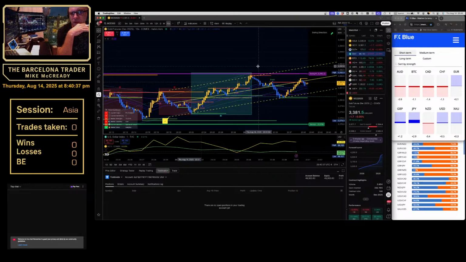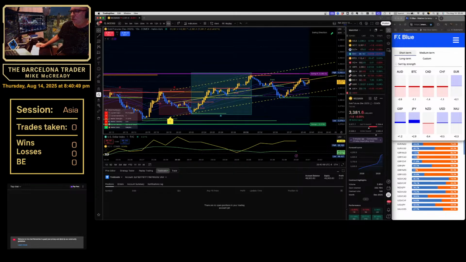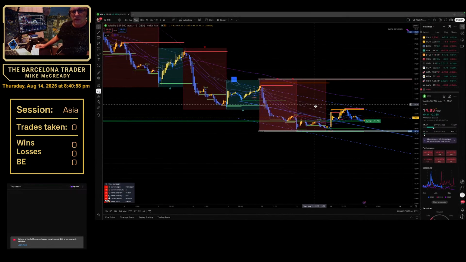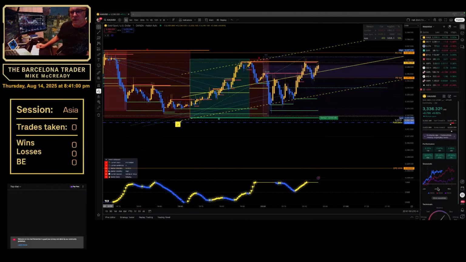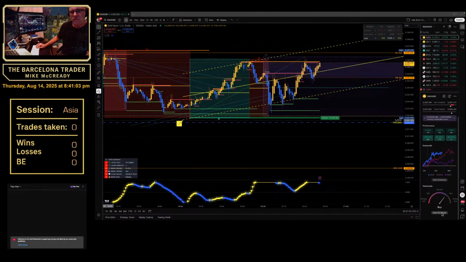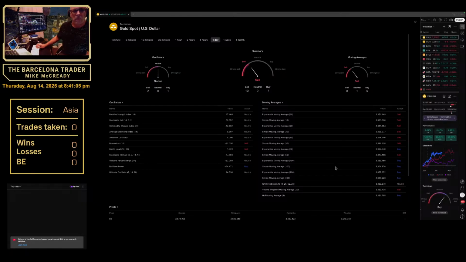There are some other indicators that are giving neutral guidance, but none are giving the indication that we are in a bullish gold market. Let's take a look at a bunch of indicators. Sell, neutral.